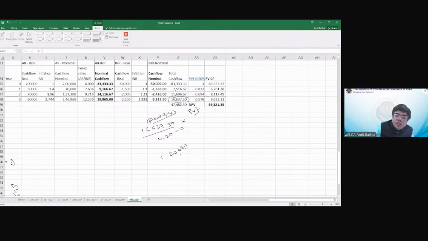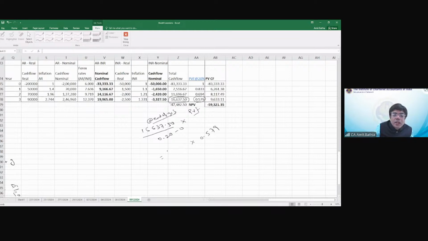But I need to bring it to today's value, so I will multiply this with which PV factor, at the end of year 1, 2 or 3? It will be end of year 3, 0.579.